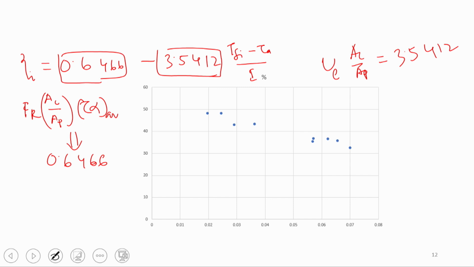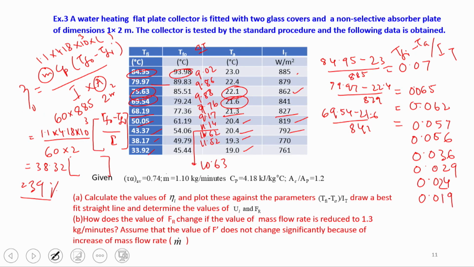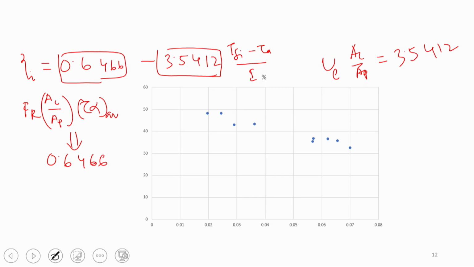Okay, so now you can find out what the values are. It is quite an interesting problem. You already know A_C by A_P is 1.2 and tau alpha average is given to you. Now we can find out what is U_L and what is F_R. So now it's very easy, everything is known to you.